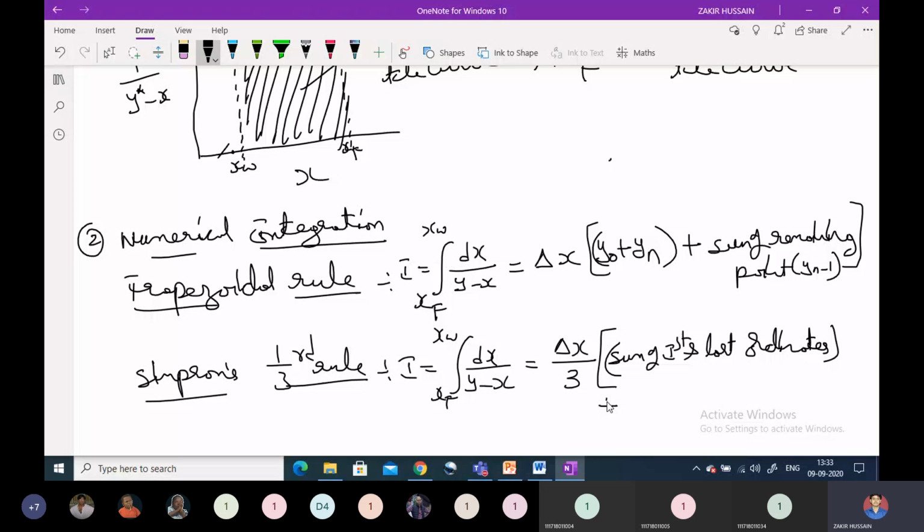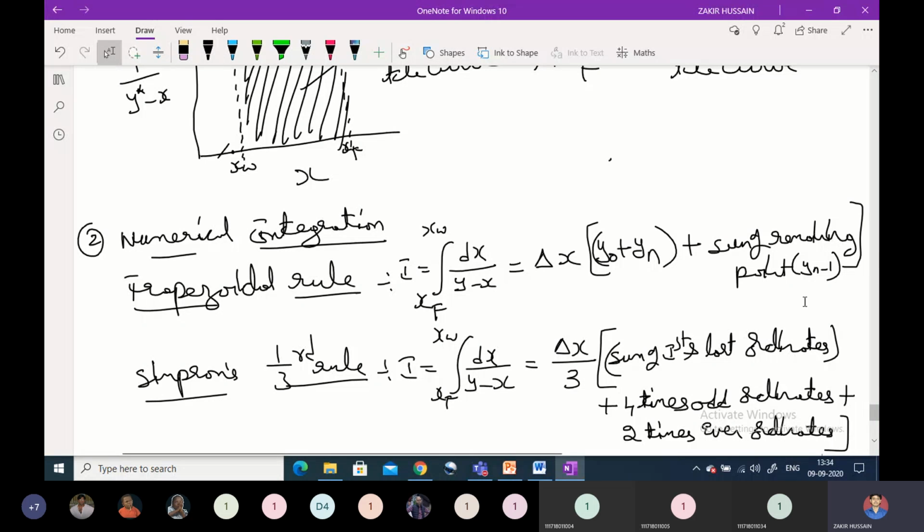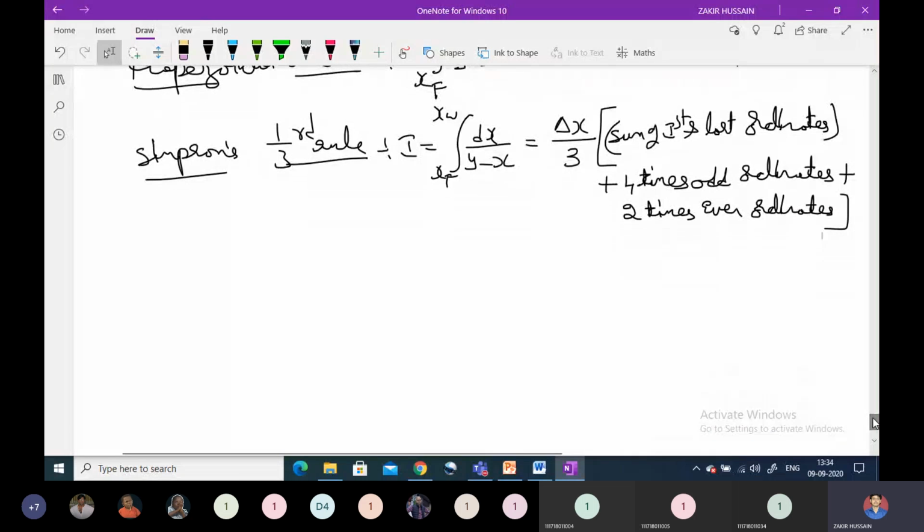Plus 4 times the odd ordinates plus 2 times the even ordinates is called Simpson's 1/3 rule. If you solve one problem using this, it will be very okay for you.